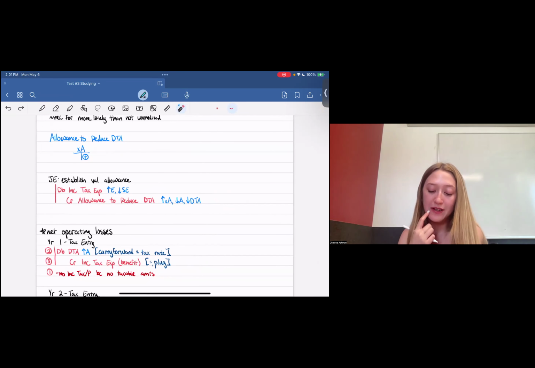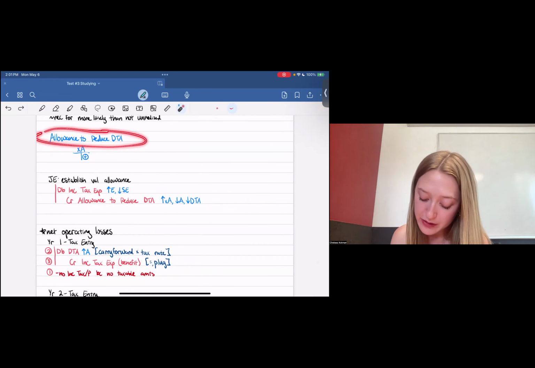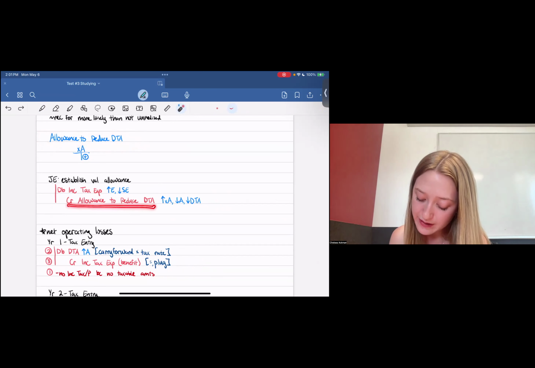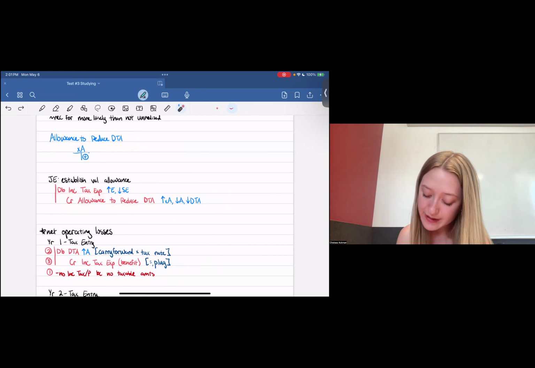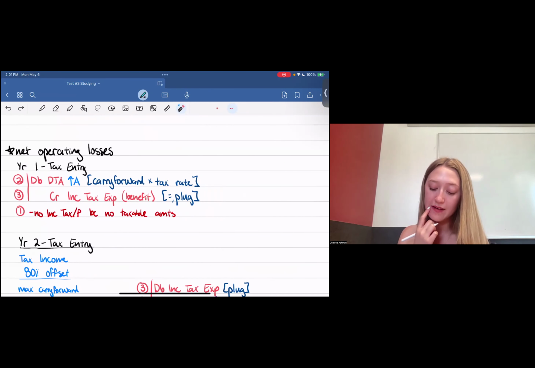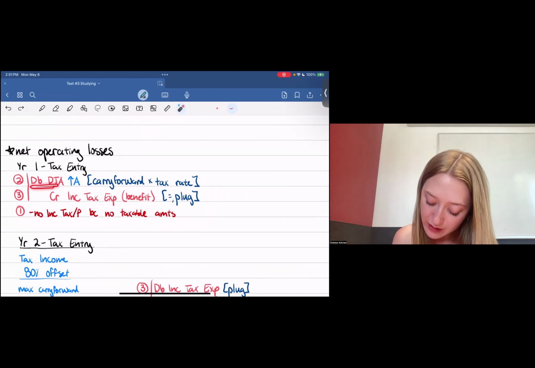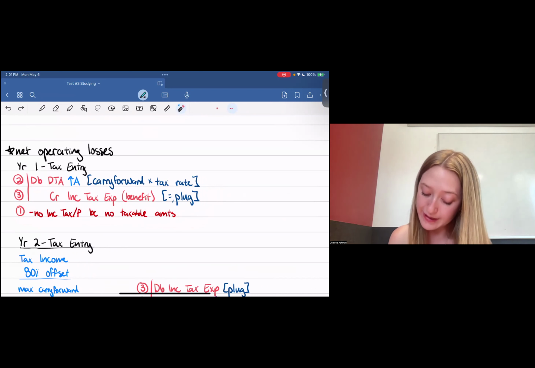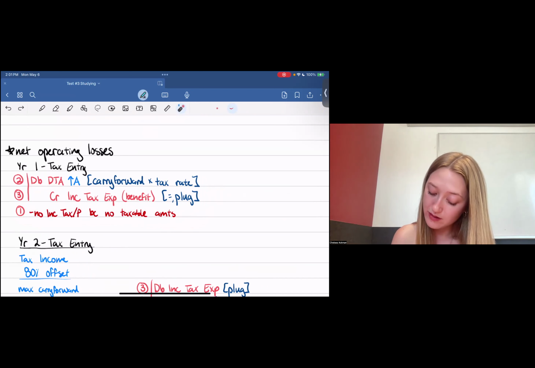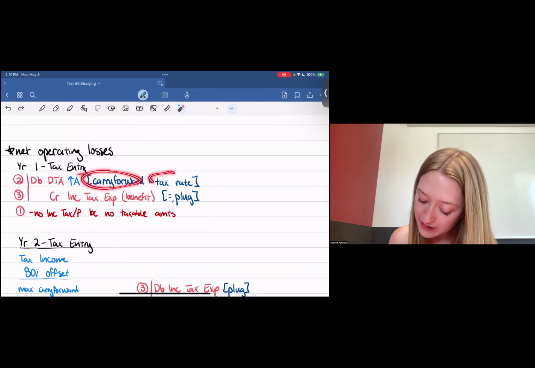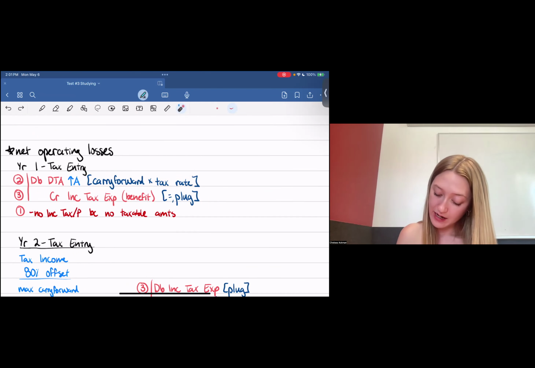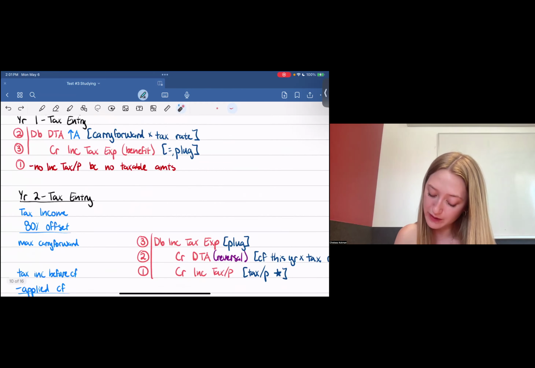For valuation allowances, we have the allowance to reduce DTA, which is a credit, and then income tax expense as a debit. For net operating losses, there's no income tax payable in our entry, but we do debit our DTA, which is our carry forward times our tax rate, and then the credit to income tax expense or benefit is a plug.